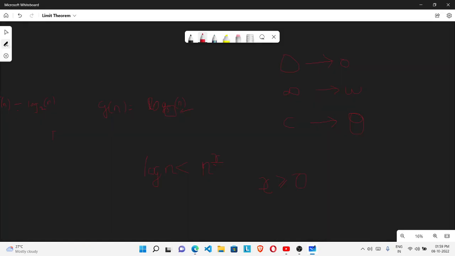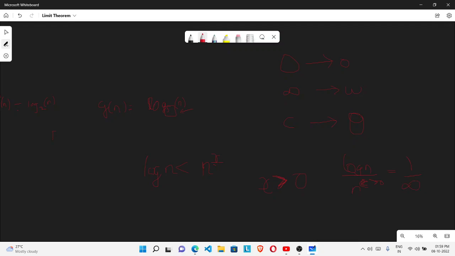So log n would be smaller than n raised to anything greater than 0. So when you divide log n by n raised to a constant greater than 0, you will get 1 by infinity, because n is going to infinity, right?